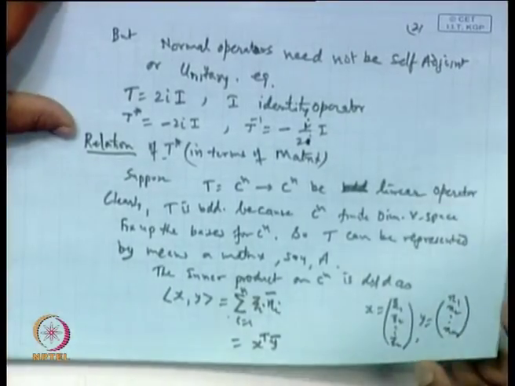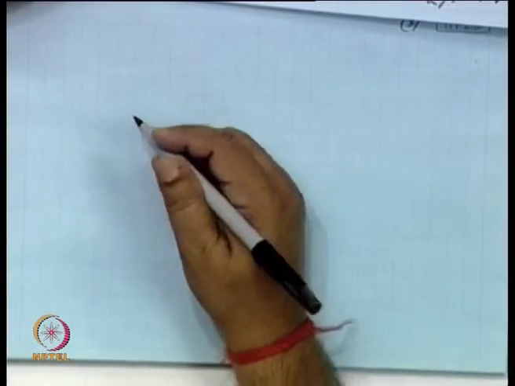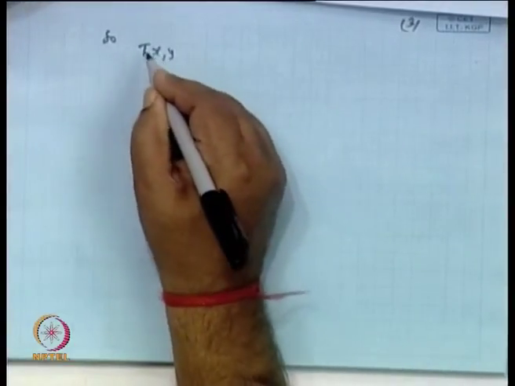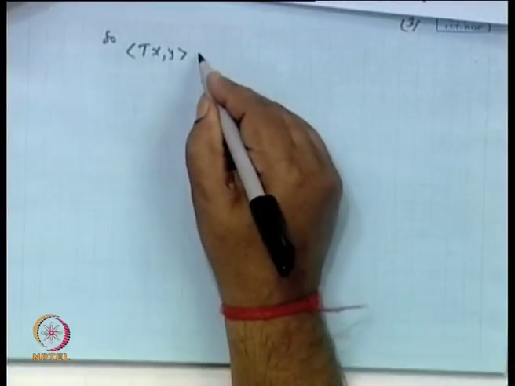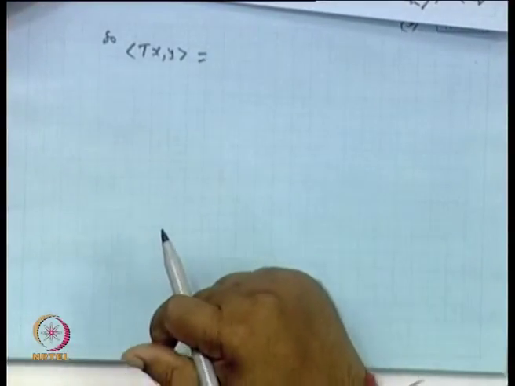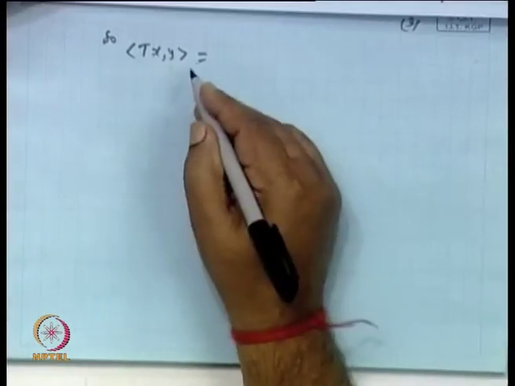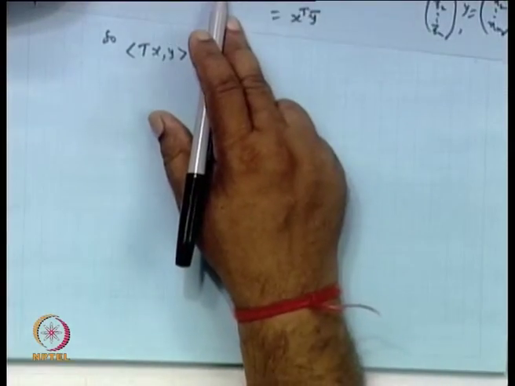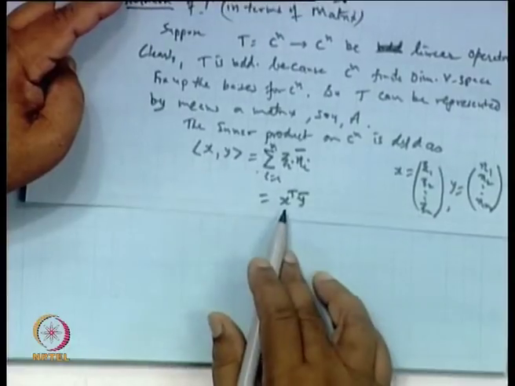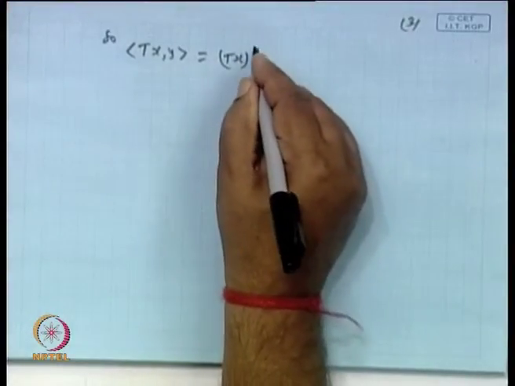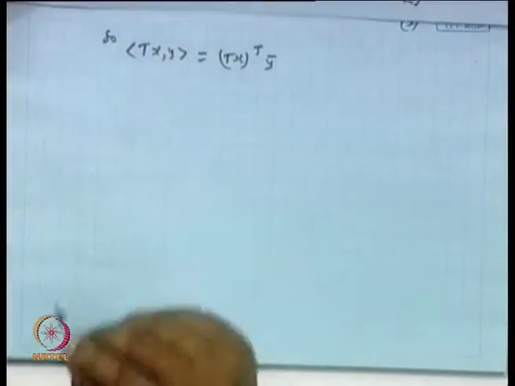So X and Y are there. Therefore, if I take the inner product of Tx and y, what will it be? X is replaced by Tx, so it will be (Tx) transpose y bar.